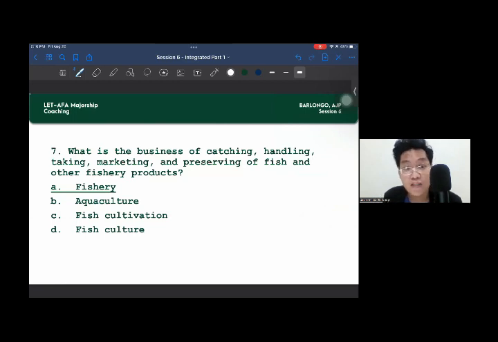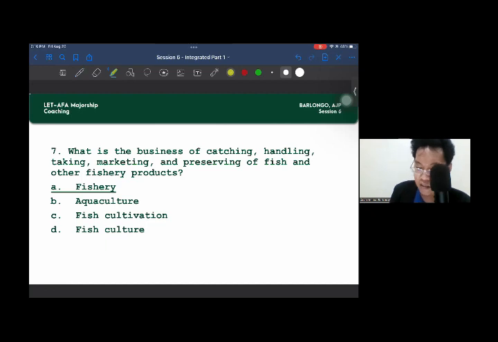As you can see sa question natin, ito yung sinasabi ko all throughout our sessions that a general question must also have a general answer. So kung makikita natin dun sa question natin, it encompassed the whole process.